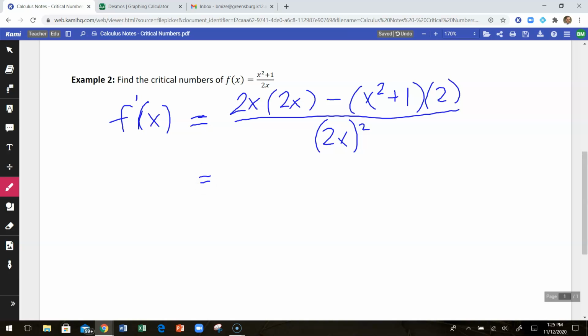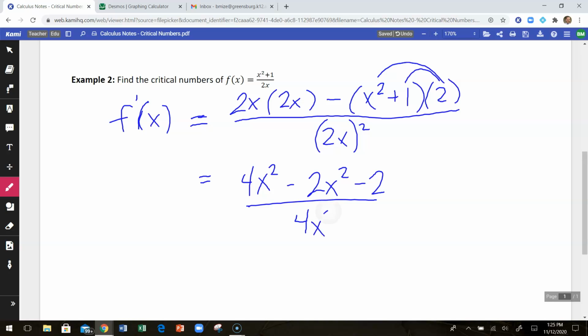I'm going to simplify this a little bit. So we've got 4x squared minus, if I go ahead and distribute my 2 here and then also distribute my negative in front, that's going to be minus 2x squared minus 2, and then over 4x squared.